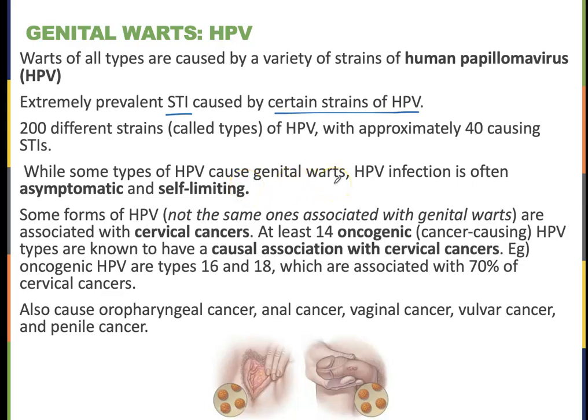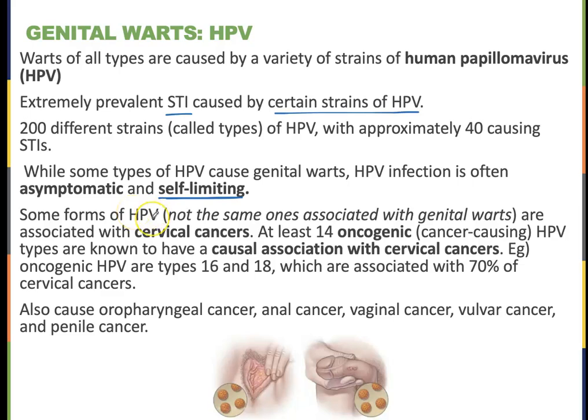So genital warts can be asymptomatic and self-limiting. So, which is good news, right? So you can get infected with HPV, have a wart or not, right? And your body can clear this virus, and you will never have another sign of that virus.